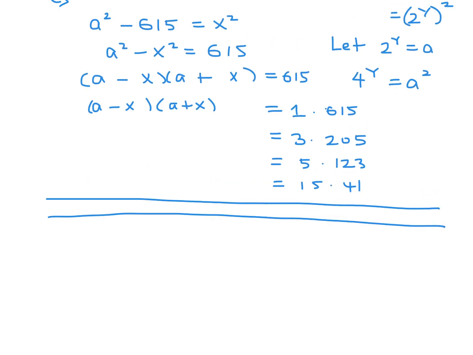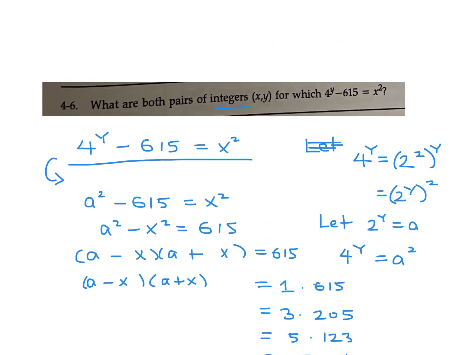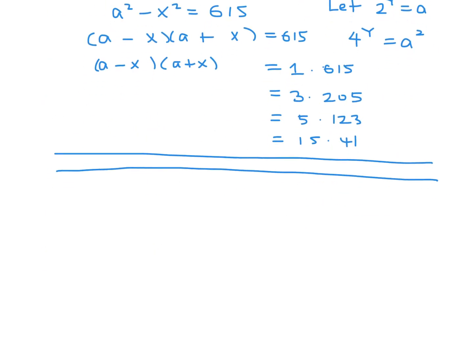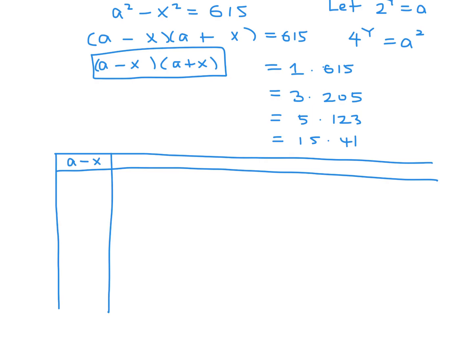Let me go back and read the question again. Just integers, that's all it says. So which of these create integers for a and x? Okay, so I have a minus x, a plus x, and if you add these two, a minus x plus a plus x, you would get 2a, correct?